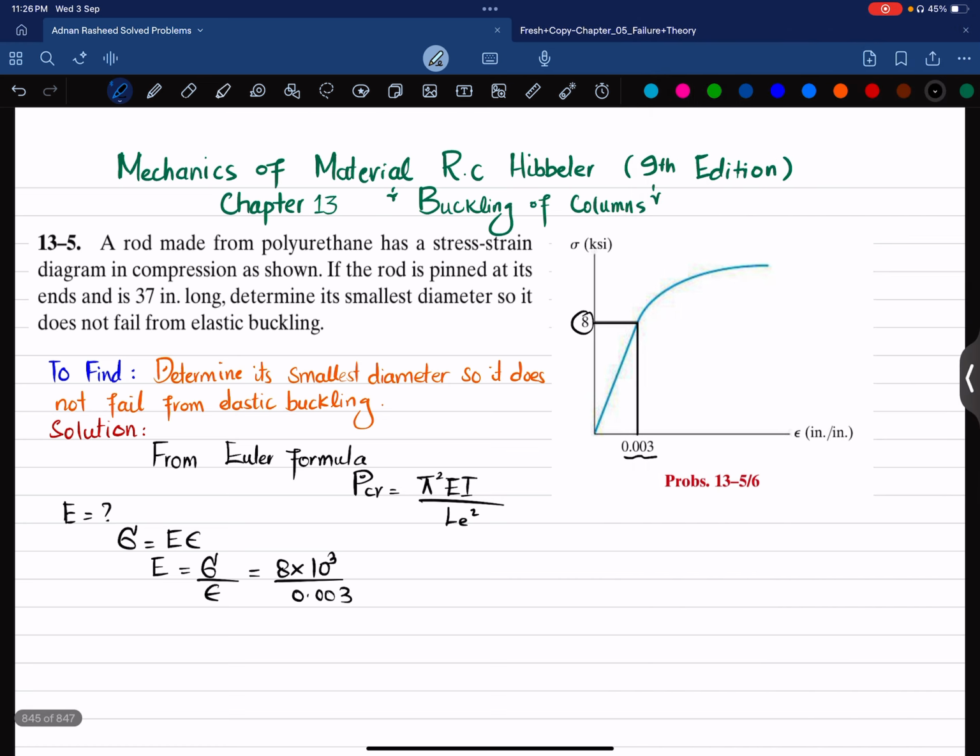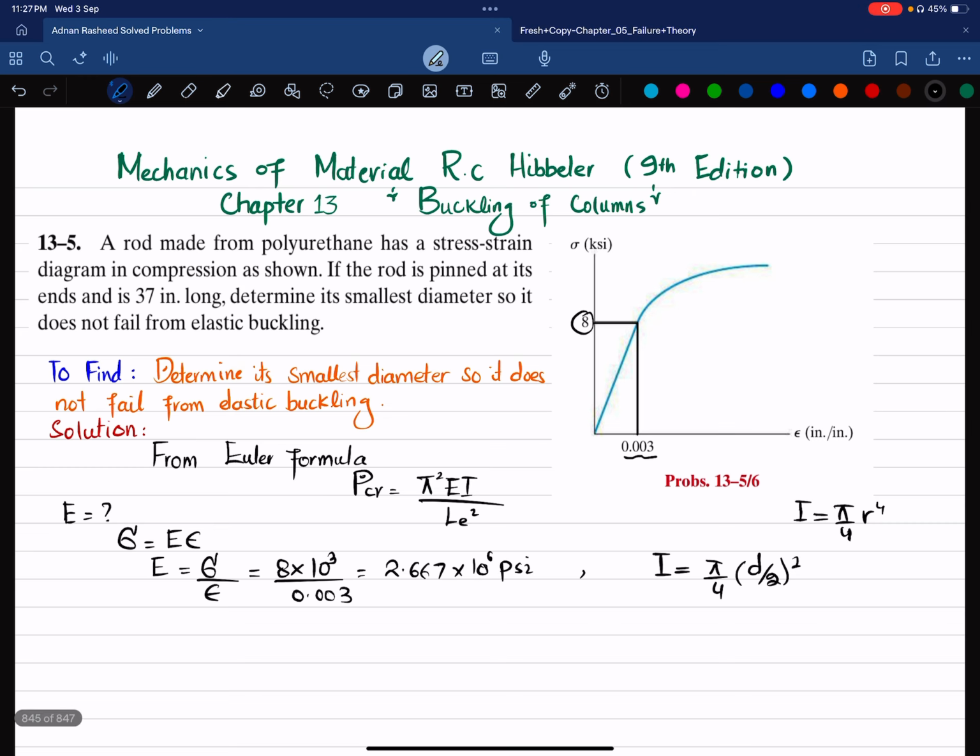So I can write it as 2.667 into 10 raised to power 6 psi. Now we have E, and we know that the moment of inertia for a circular rod is equal to pi by 4 times d divided by 2 whole to the power 4. This formula is pi by 4 r power 4, where r is equal to d divided by 2.